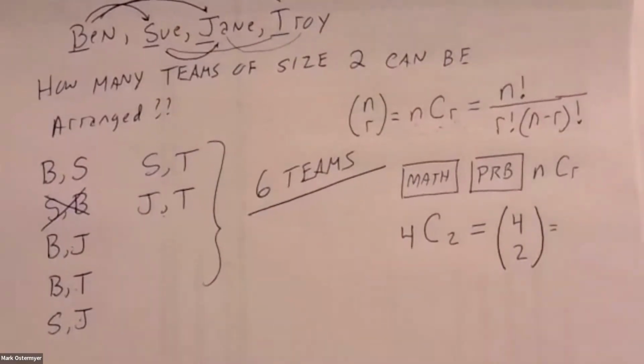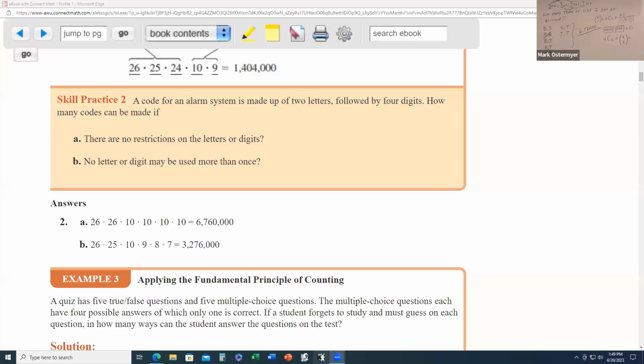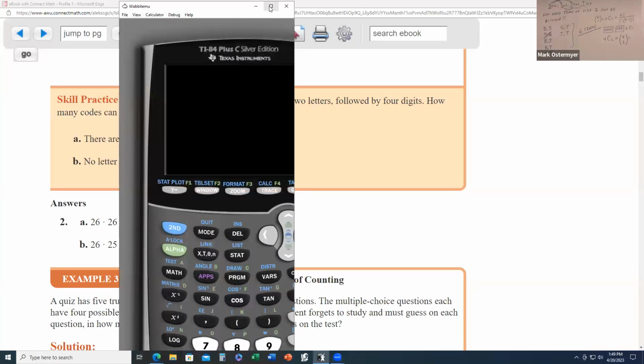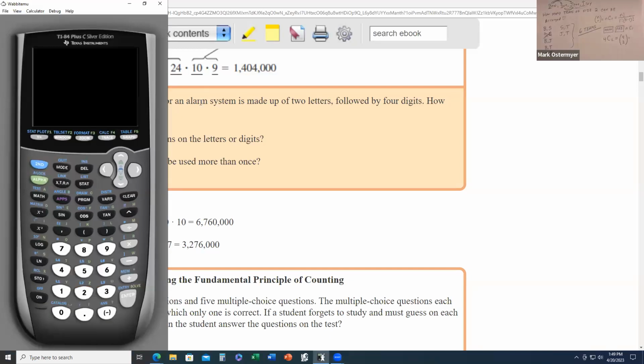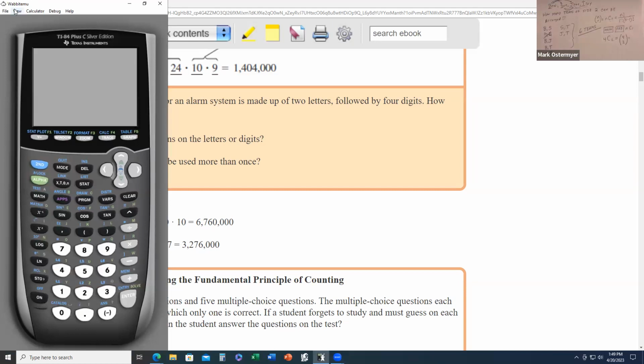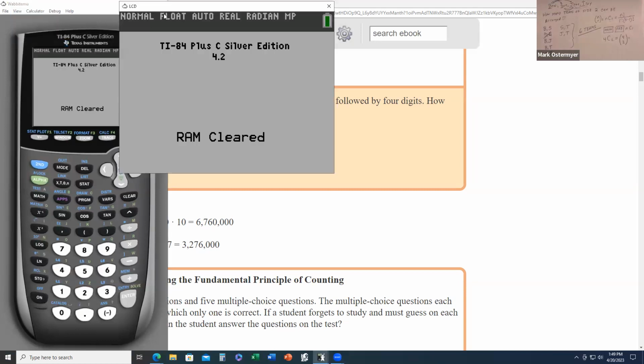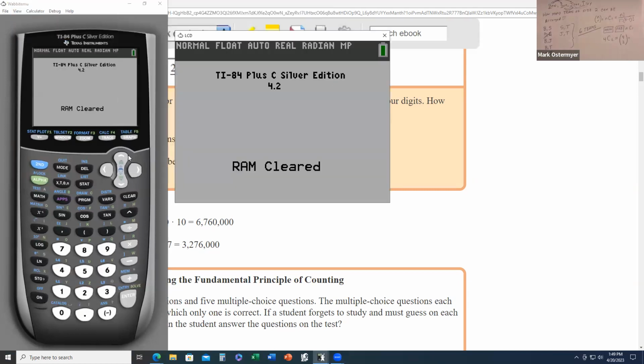All right, how do we do this on our calculator? Well, let's go find out. So we clear our screen on our machine. Type in what n is, 4. And now we've got to go get the combination function.